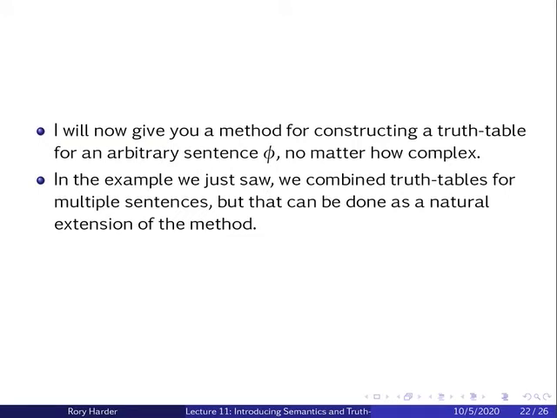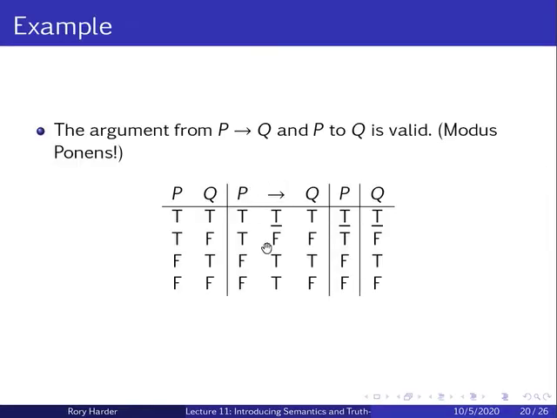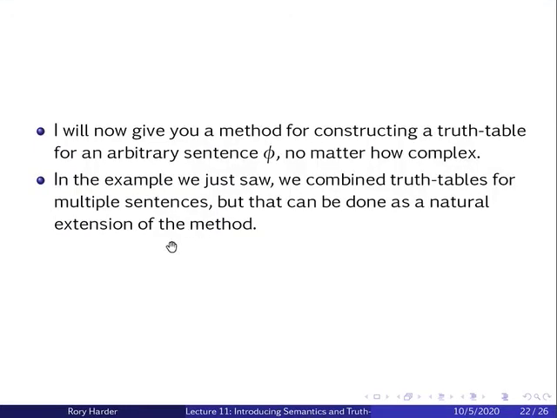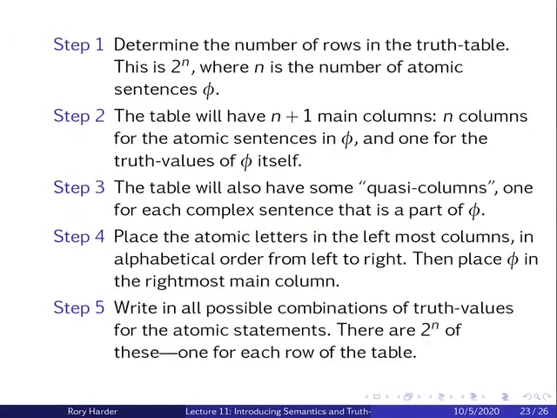So I'm going to give you a method for constructing a truth table for an arbitrary sentence phi, no matter how complex phi is. In the example we just saw, we combined the truth tables for multiple sentences, and doing so is a simple extension of this method that I will now show you.